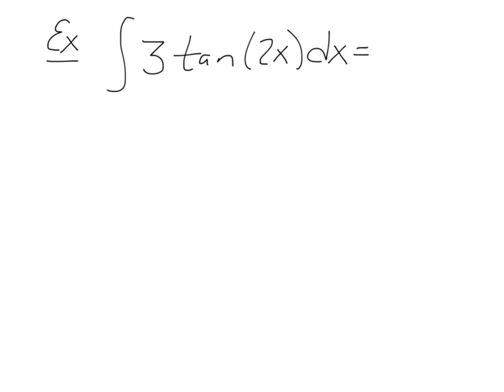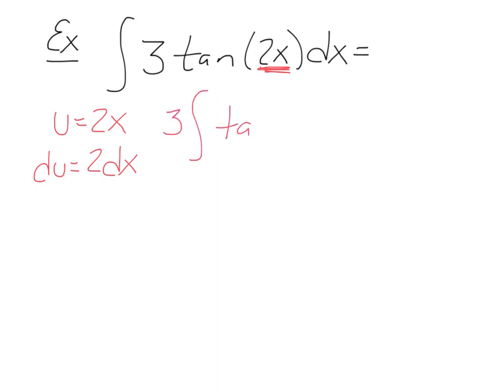So let's do one last example just to tie together our new rules. I would recognize that this is asking me for the antiderivative of tangent. Unfortunately, it is not the parent function, so I need to use my u substitution. U will be the inside of that composition, which is 2x. The derivative of u then would be 2 dx. We make our substitution. The 3 I'm going to pull out front. I get tangent of now u, and the dx, I have to divide the 2 over, will get replaced with 1/2 du.